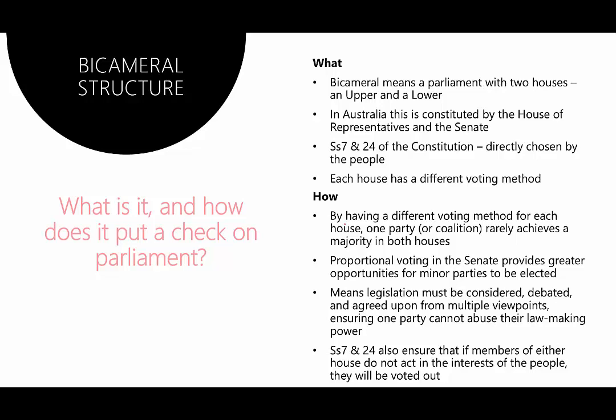And we've actually got a past exam question that shows you that you really need to know that point, that it has to go through both houses, or else you missed a pretty key part of the question. We then can talk a little bit around the bicameral structure and how it means all legislation is going to have to be considered, debated, and agreed upon by multiple viewpoints, because one party rarely has a majority in both houses, like extremely rarely.